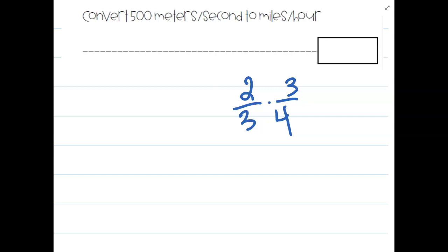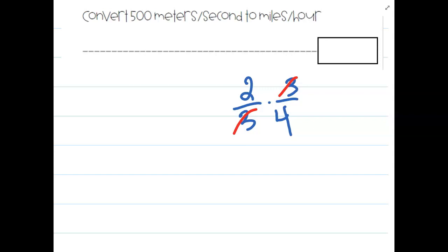But one thing that makes multiplying fractions easier is if you cross-reduce. Does that sound familiar? You could cancel out those 3's. The only reason you can cancel out those 3's is because one's in the numerator and one's in the denominator. If they're both in the numerator, they could not cancel out.